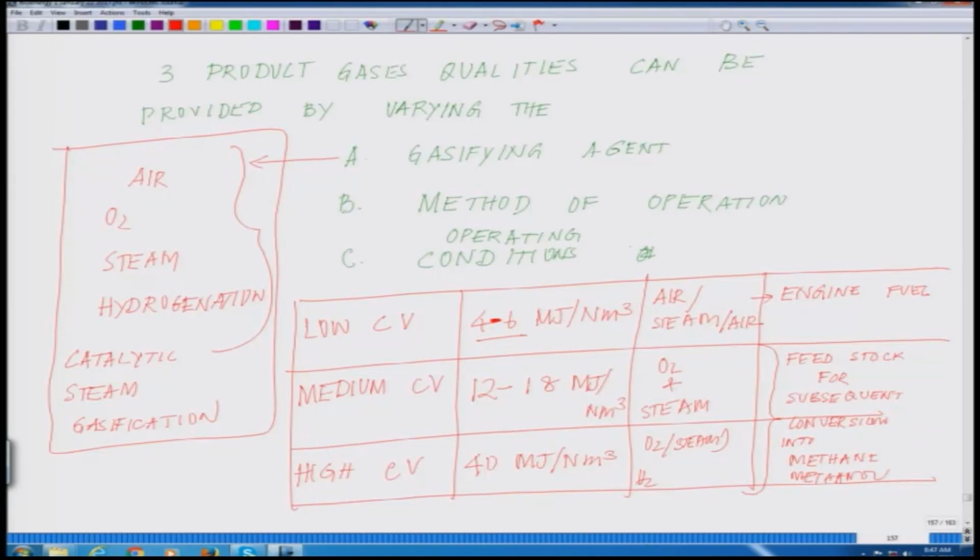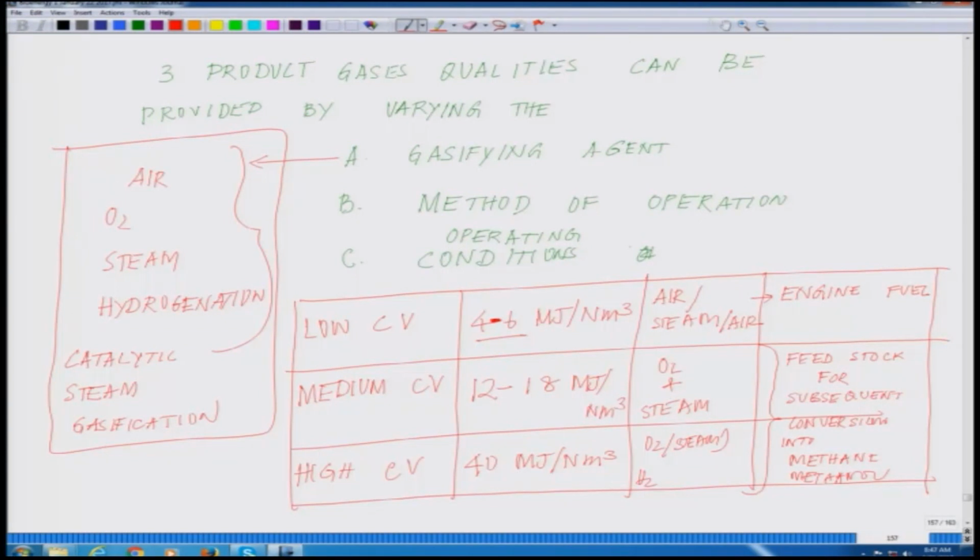Okay. So, now the question arises, why is such a low calorific value obtained when we are using air or steam slash air?